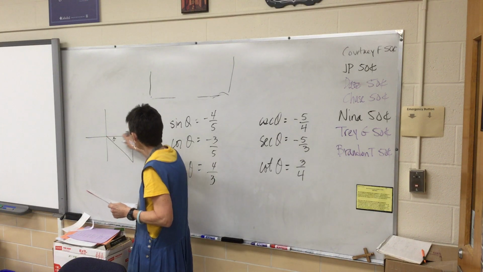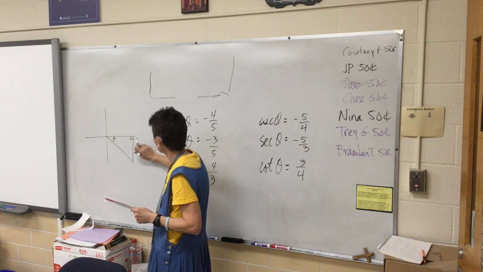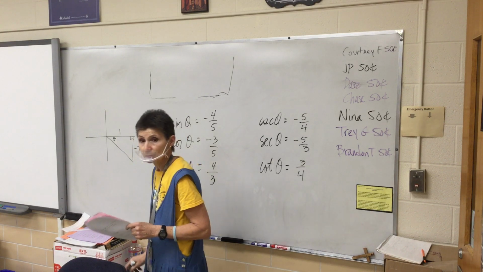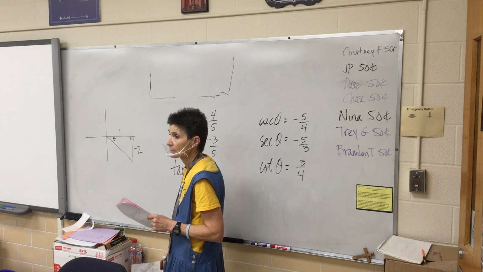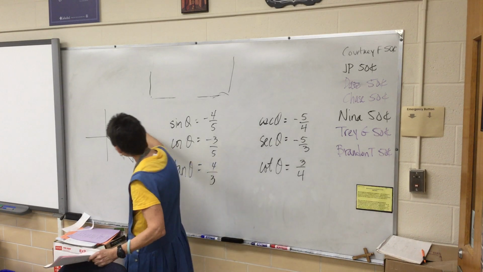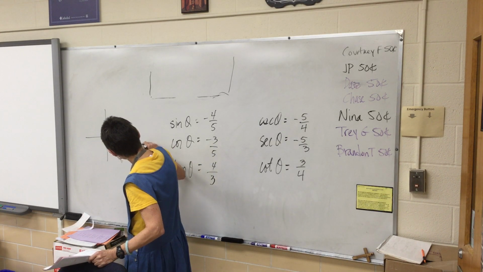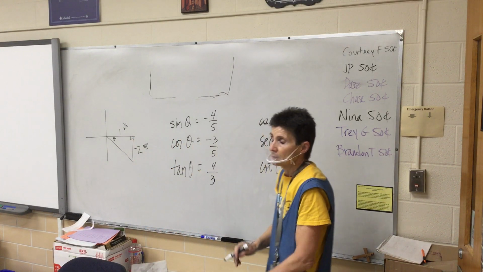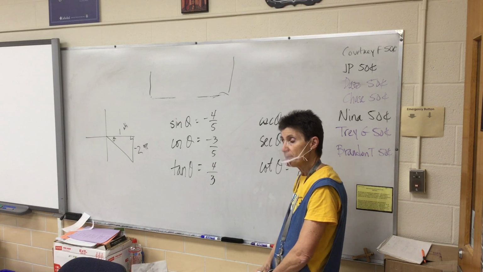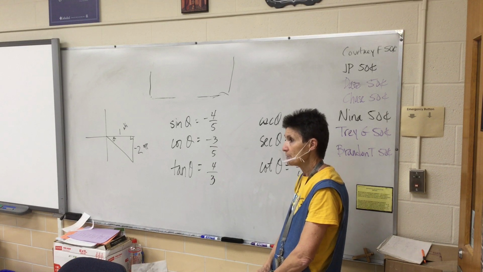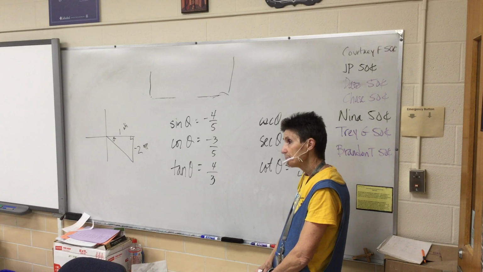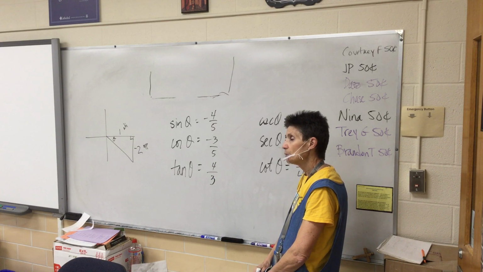And what is my x and my y in this problem? 1, -2. My x is 1 and my y is -2. So this will be my adjacent and this will be my opposite. Do your Pythagorean theorem and tell me what you come up with for your hypotenuse.